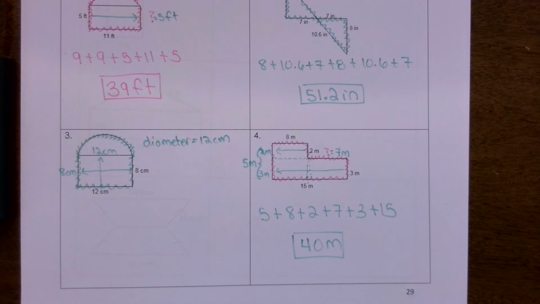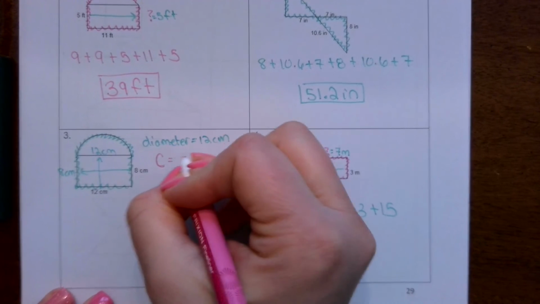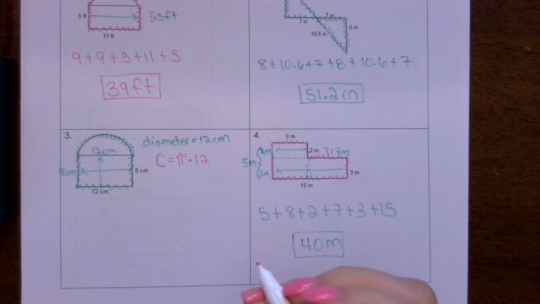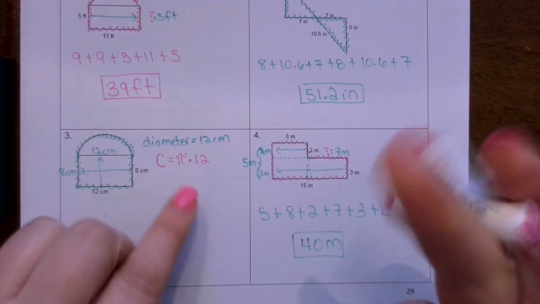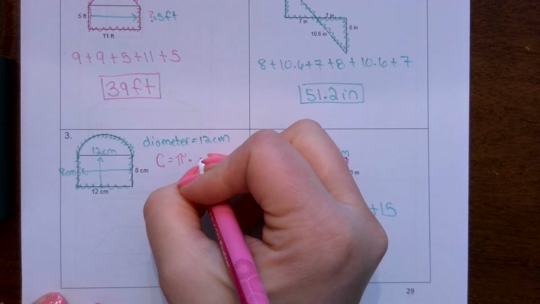Do I need the whole circumference, though? No, I only need half of it. But let's find the whole circumference first. I know I can find circumference by multiplying pi times the diameter. And I know the diameter is 12, and I probably should have put the d there first, so we remember that.